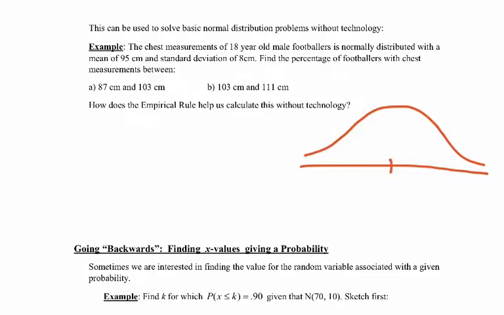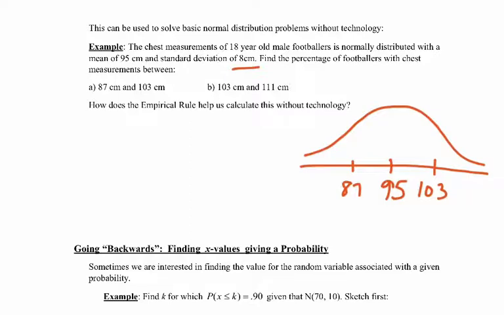So the mean is right in the middle and the mean was 95. And so I'm going to go ahead and label certain tick marks this time. So I'm going to go 1 standard deviation below the mean and 1 standard deviation above. So if the standard deviation is 8 centimeters, 1 standard deviation below would be 87, and then 1 standard deviation above would be 103 centimeters. The first question, it's asking us specifically for those numbers.